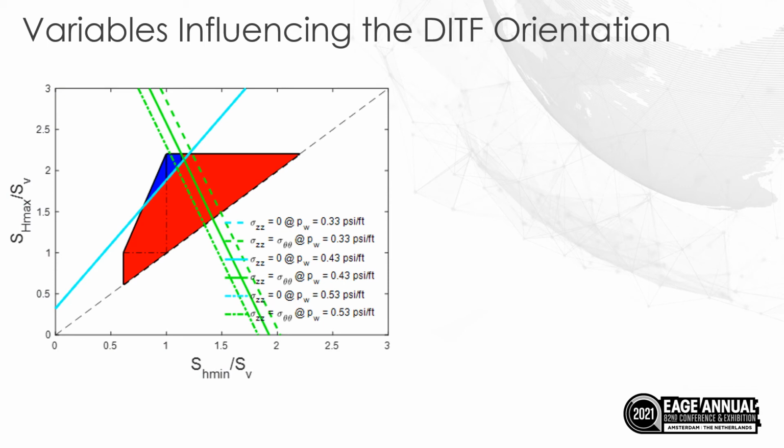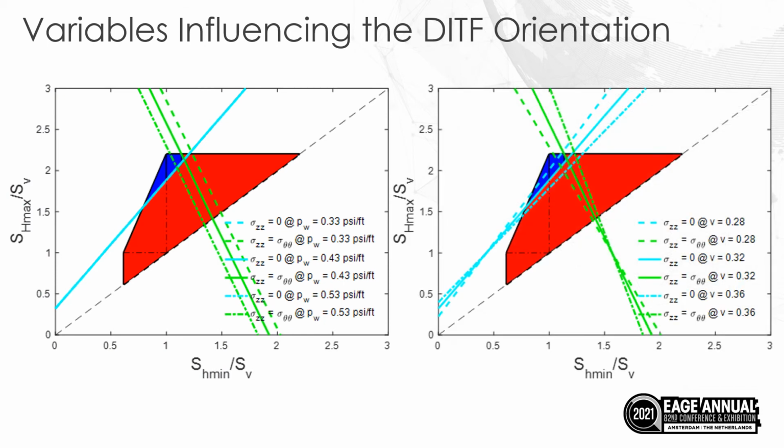Therefore, we see that overbalanced drilling makes transverse drilling-induced tensile fractures even more rare compared to longitudinal. The value of Poisson ratio affects the blue region in a slightly more complex way, but the conclusion is that higher Poisson ratios lead to a bigger size of the blue region.